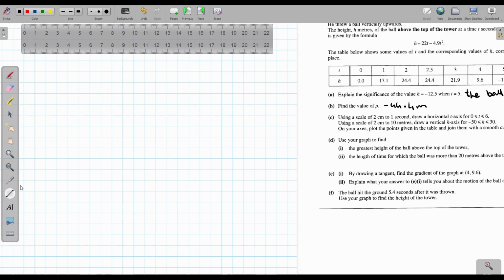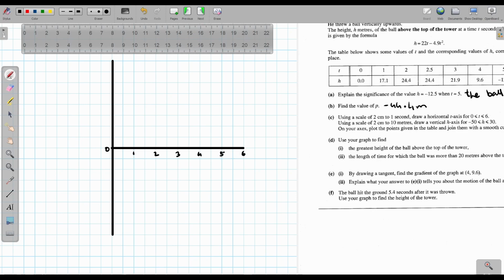Helpfully, the paper in the software does just do 1 centimeter, so we will just do this and mark the axes. So every 2 centimeters is equal to 1 centimeter, so this is 0, this is 1 second. This is 1, 2, 3, 4, 5, and I got that perfect, 6.